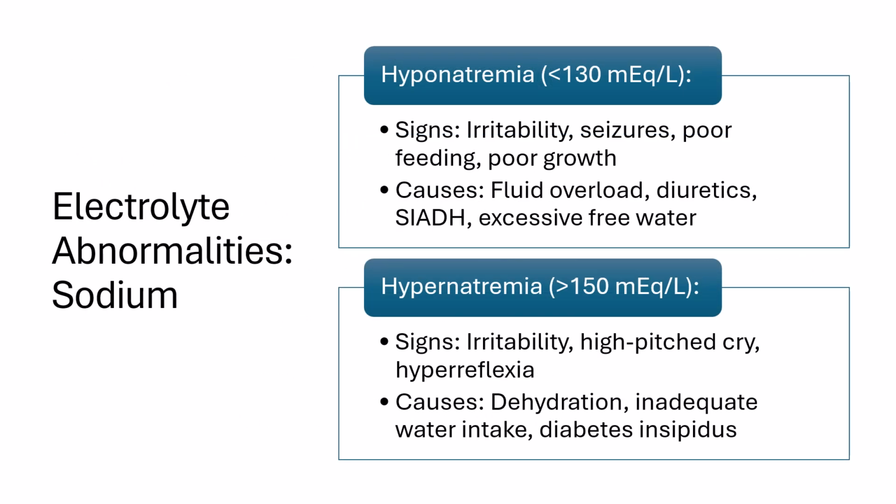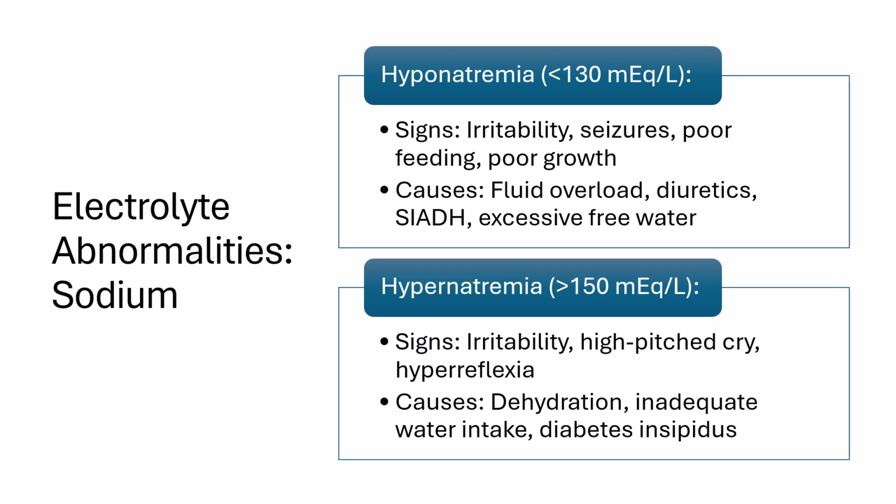Sodium abnormalities are frequently tested on the exam. Hyponatremia, defined as sodium less than 130, presents with irritability, seizures, poor feeding, and poor growth. Common causes include fluid overload, diuretics, SIADH, and excessive free water intake.